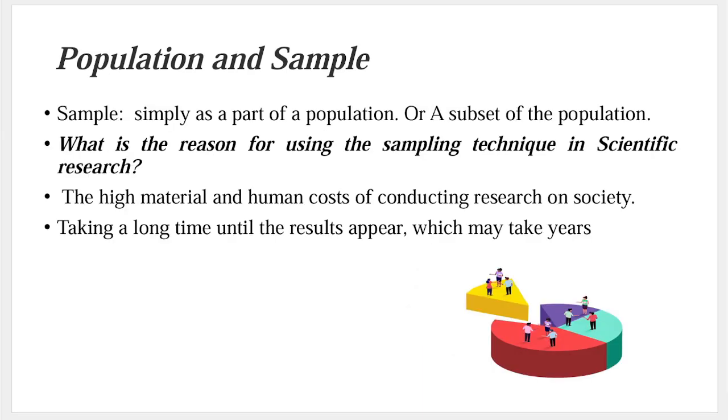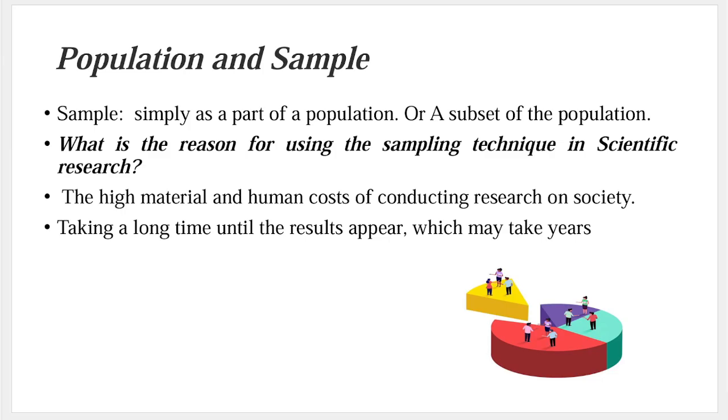Now, a sample is simply a subset of that population. In real research, we usually do not study the whole population. We select a sample. But why do we use sampling instead of studying the whole population? There are several reasons.